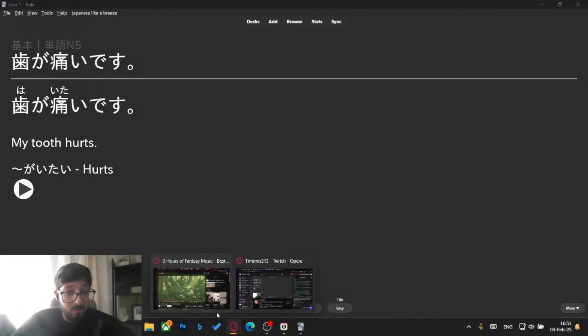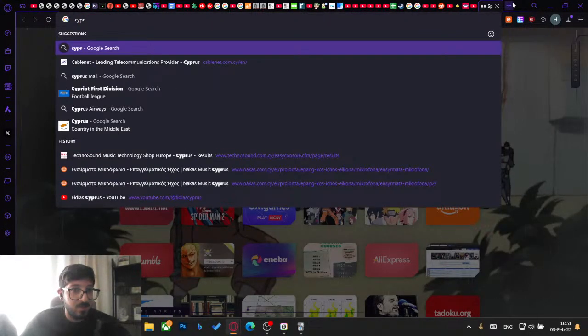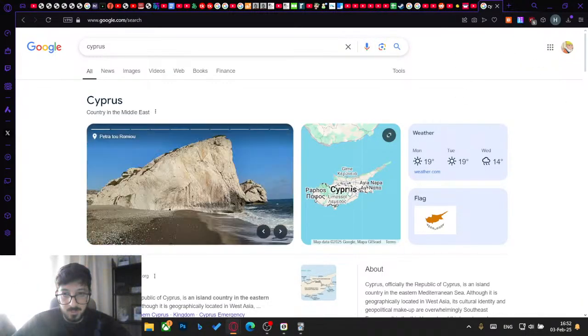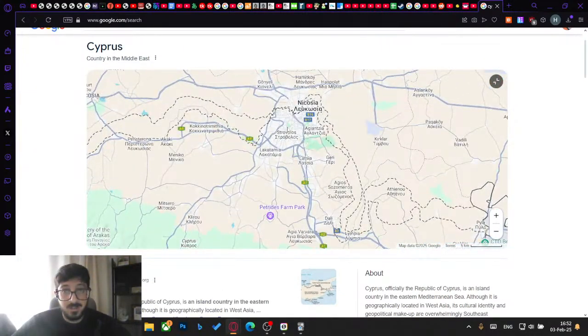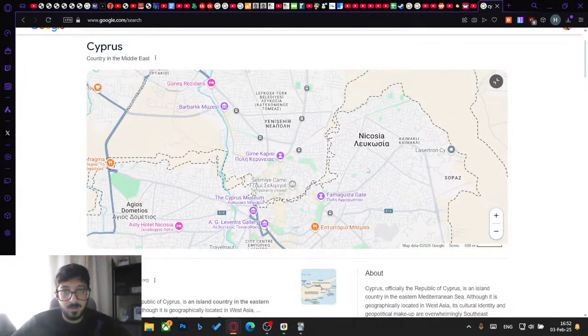But the problem about Cyprus is that Cyprus is the only country that has the capital, which is Nicosia, cut in half. So this is the capital, okay? This is Nicosia.